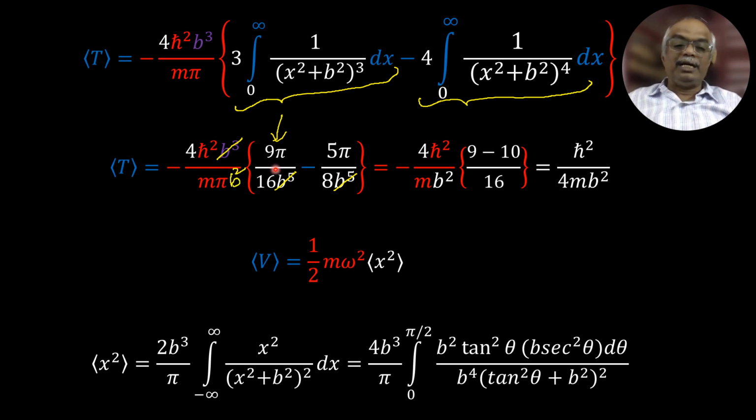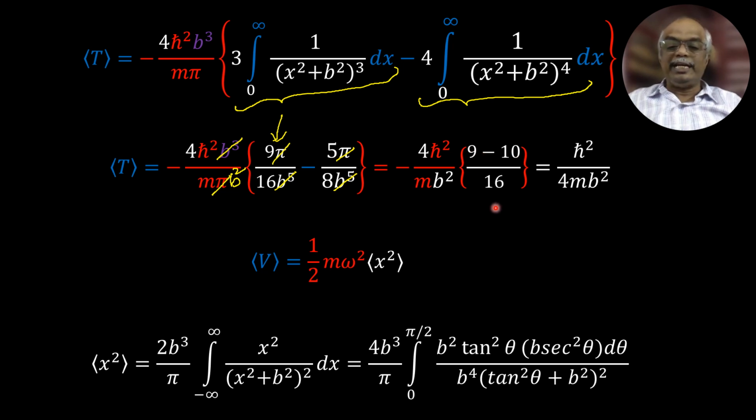Then the remaining thing is you have 4 h cross squared, minus 4 h cross squared divided by this pi, and pi also will get cancelled. So you will get minus 4 h cross squared divided by m p squared. Here you take 16 as LCM, which will become 9 minus 10.